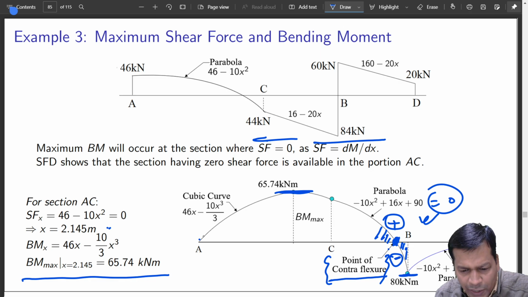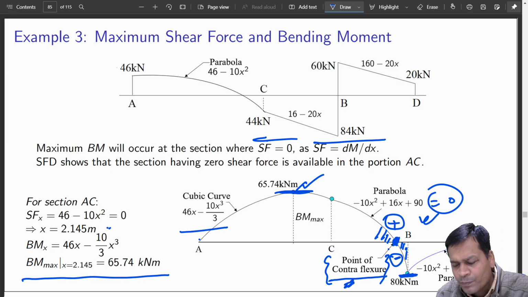You can equate it to 0 to see where the point of contraflexure is, and again use maxima and minima to see this value. So these are the points of interest: where it is 0, where it is changing sign, where it is going maximum. These are useful and may be asked.